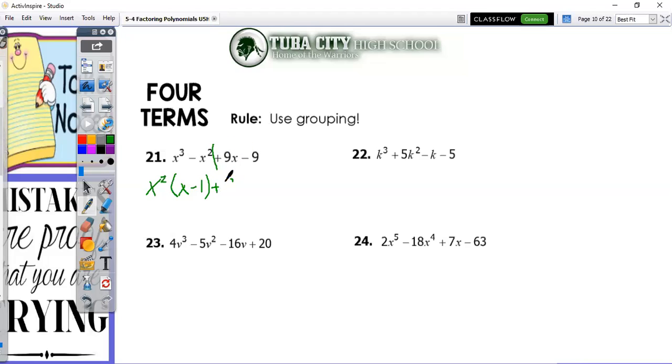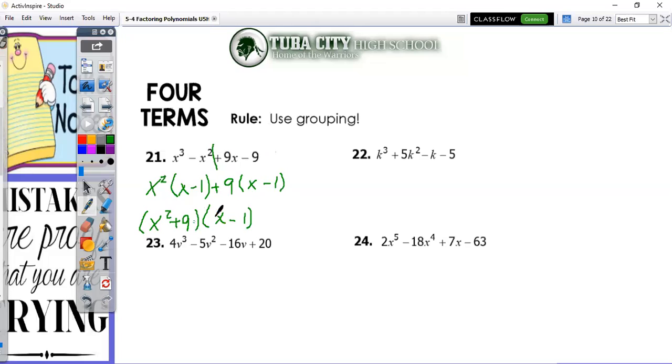And they both have 9. So I'm going to take out a 9 here and a 9 there. So group it, x minus 1, because 9 divided by 9 is negative 1. Put them together, x squared plus 9 and x minus 1.